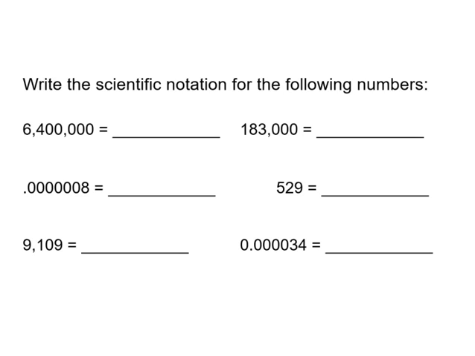We have 6,400,000, 183,000, 0.0000008, 529, 9,109, and 0.000034.